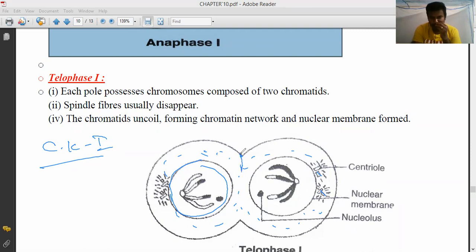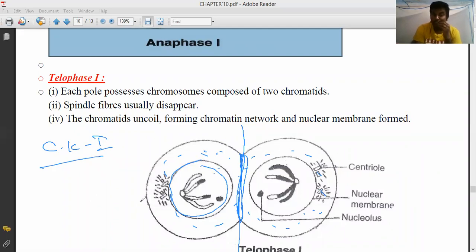The cell membrane slowly forms a thin wall. This wall gradually develops and matures. After maturation of this wall, exactly in the middle of the cell, the wall cuts off and divides the two cells.